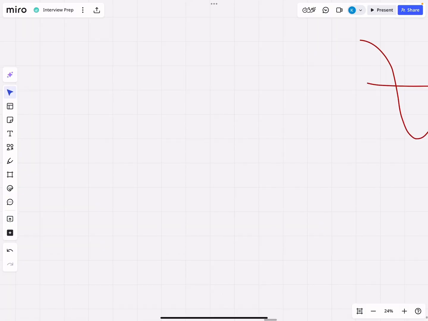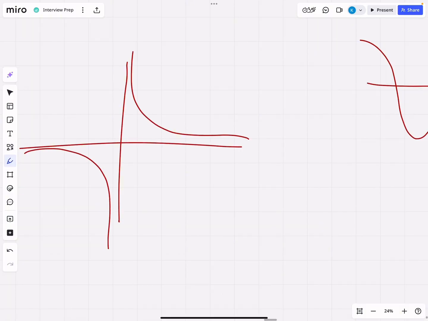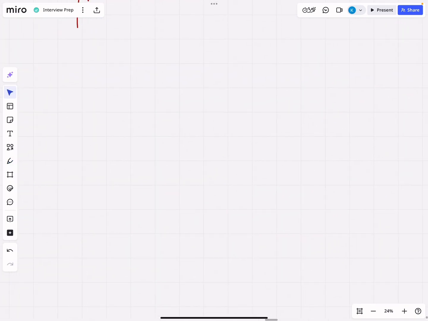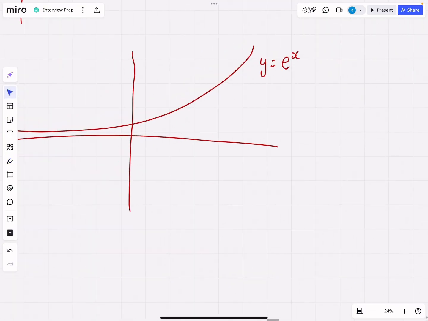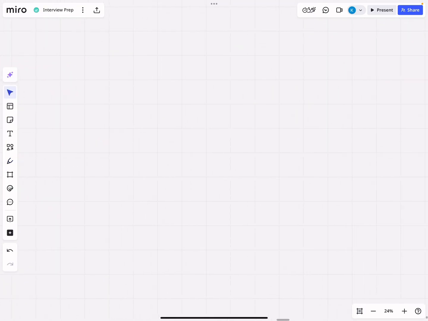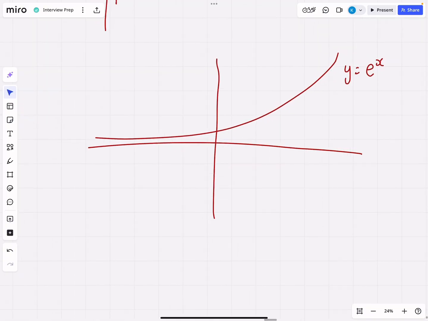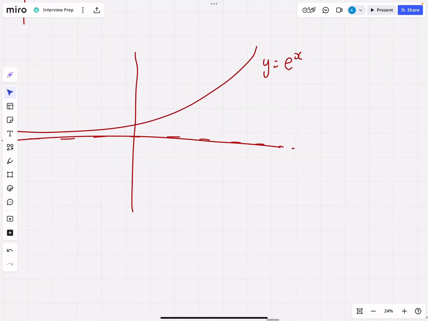Y equals 1 over x. So like this, y equals 1 over x. And y equals e to the x. Again, standard graphs, you should know what all of these look like. And noting that y equals e to the x has a horizontal asymptote at y equals 0.